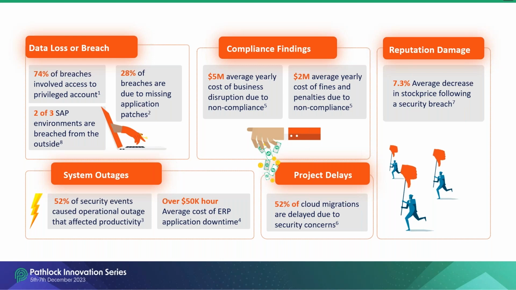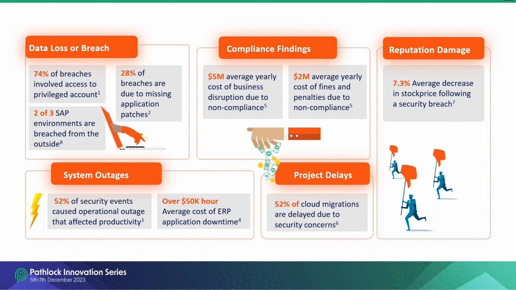And as well, to pick out one other number from here, compliance findings: $2 million is the average yearly cost of fines and penalties due to non-compliance. You as a company have to make sure that you fulfill all the compliance requests which the government sets.